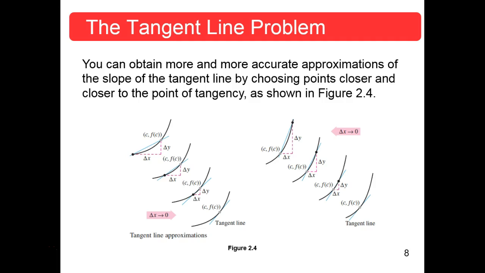There's that secant line. So let's let this point get closer and closer down here. Your delta y's are getting smaller as your delta x is getting smaller. And then suddenly we are in a limit, and they could coalesce onto the same point. So if this limit exists, then we can find the slope of the tangent line.